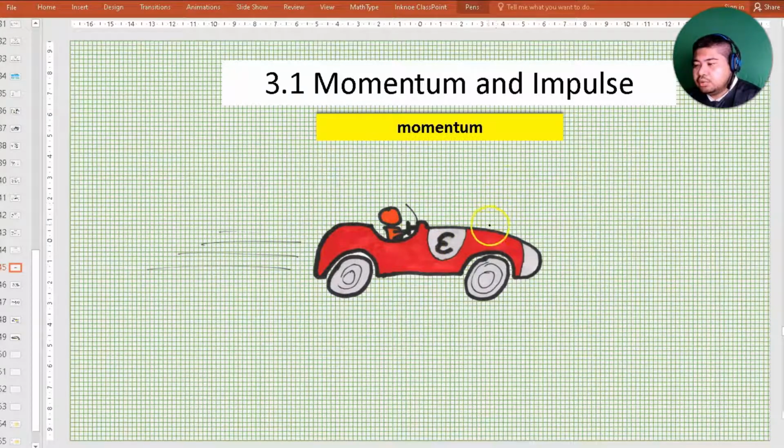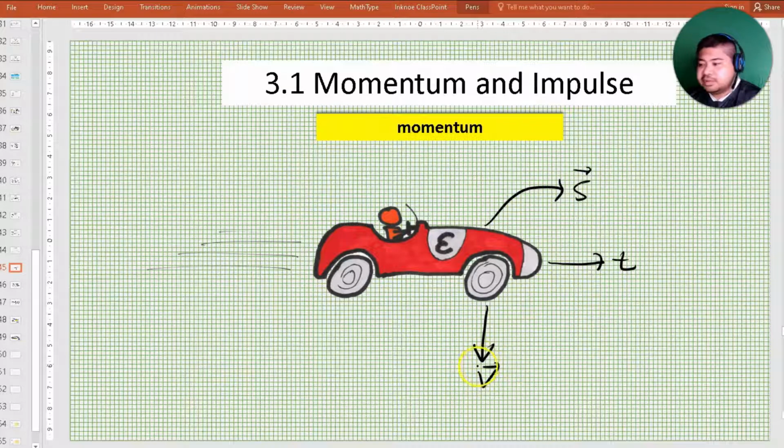One of the quantities that we use to quantify a motion is displacement, a vector displacement S. Then from there we also measure the time for the object to travel a distance of S, and from there we derive another quantity, which is the velocity.